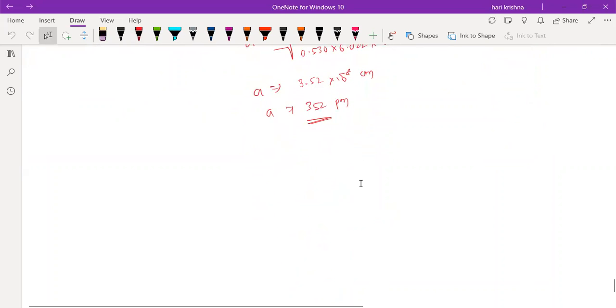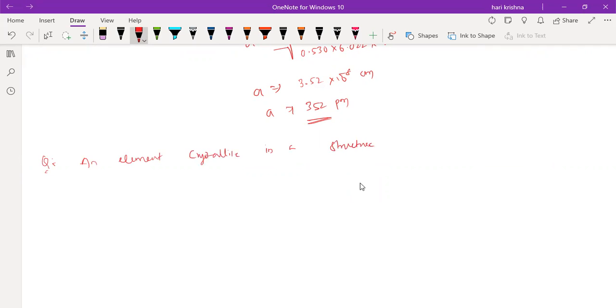Shall we go for the next numerical? Yes, sir. So next one is: an element crystallized in a structure having an FCC unit cell of edge length 200 picometers.